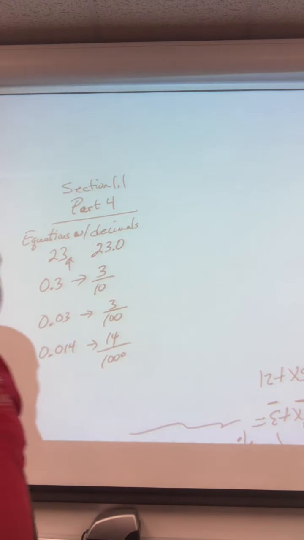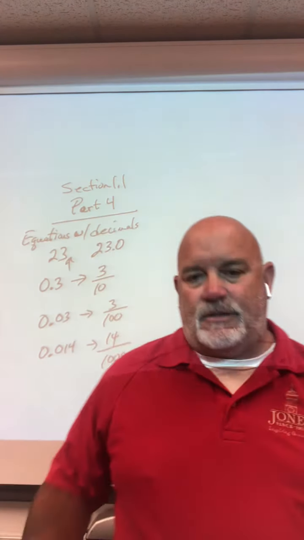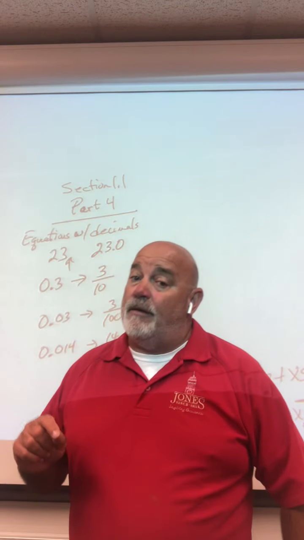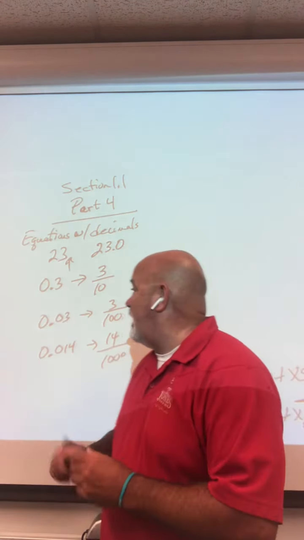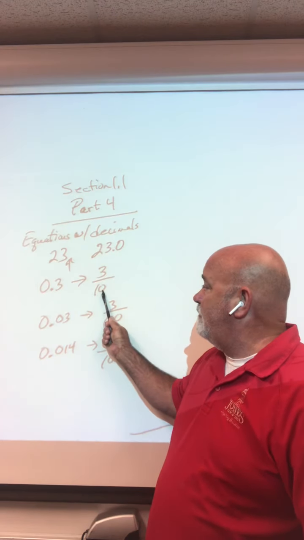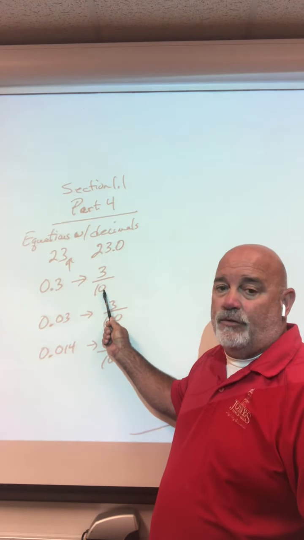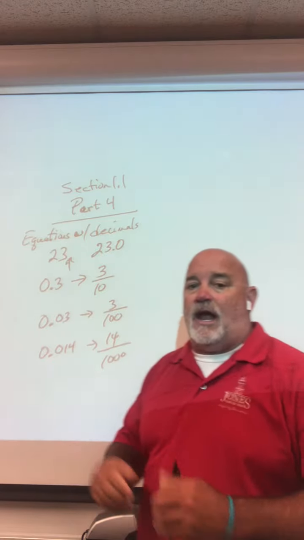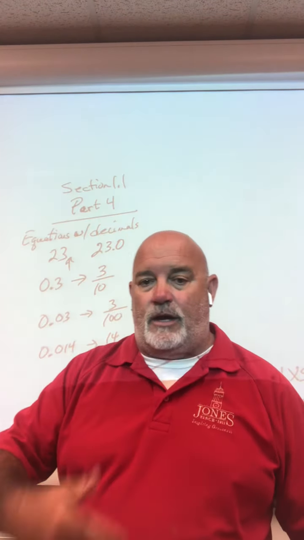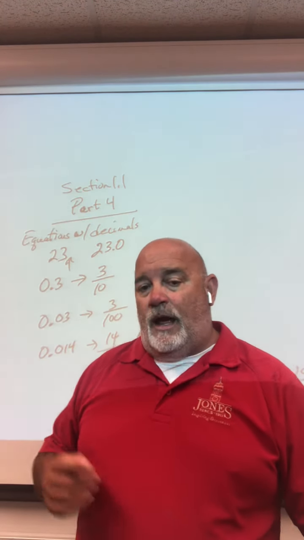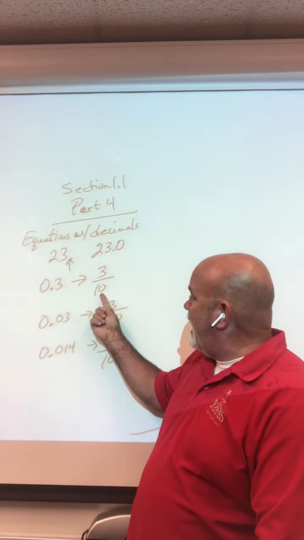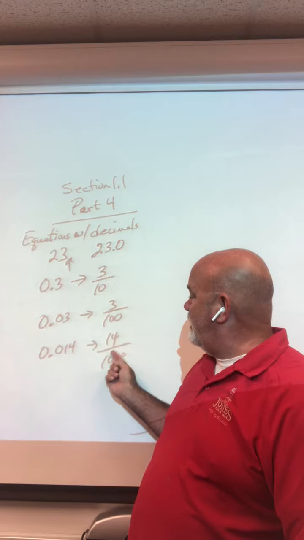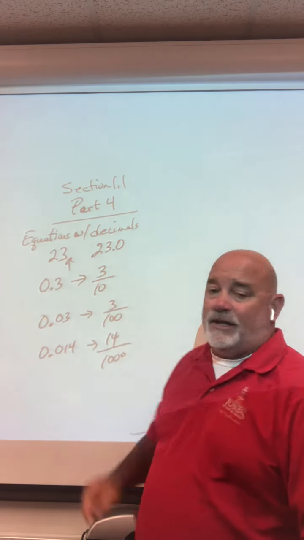So what is a decimal? It's a fraction. But it's not just a regular fraction. It's a fraction where the denominator is a 1 followed by a certain number of zeros. So for every decimal, the denominator is either a 10 or 100 or 1,000. Now, if you view it as a fraction, look at the denominators: 10, 100, and 1,000. How do we get rid of fractions?